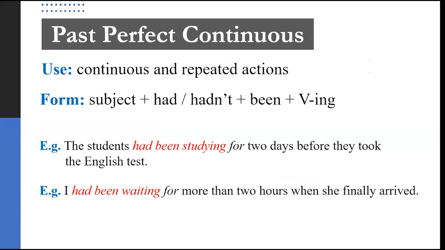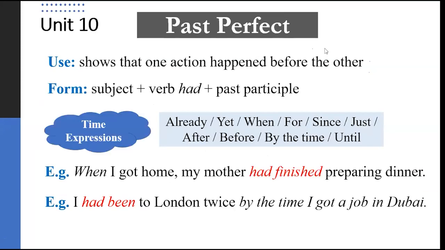Now we'll move on to the past perfect continuous. And as from the word itself, continuous معناتها إن شيء مستمر. Okay. لمدة وقت. It has the form subject وبعدين had أو hadn't ونحط been ما ننسى been and the verb must be in ing. ومثل ما قلت لكم من شوية في time expressions حق ال past perfect زين اللي هي ذكرناها already, yet, when, for, since.